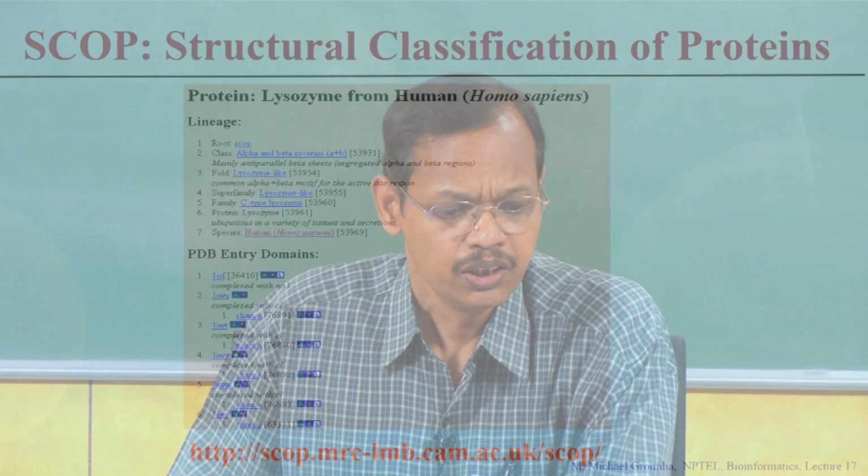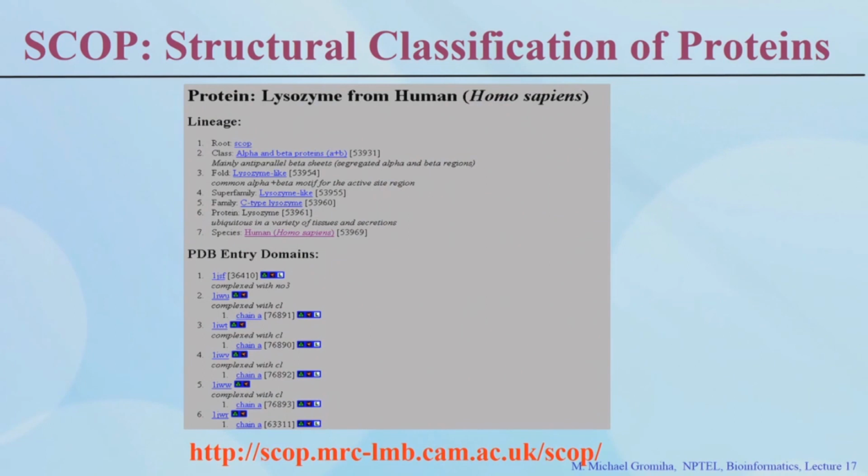So, this is the web server, the SCOP database. You can search the database with any PDB ID or name. Here you can see the root is SCOP, the protein belongs to alpha plus beta, the fold is lysozyme-like, then the superfamily, and the protein name is lysozyme, and the species is Homo sapiens, so it belongs to human.